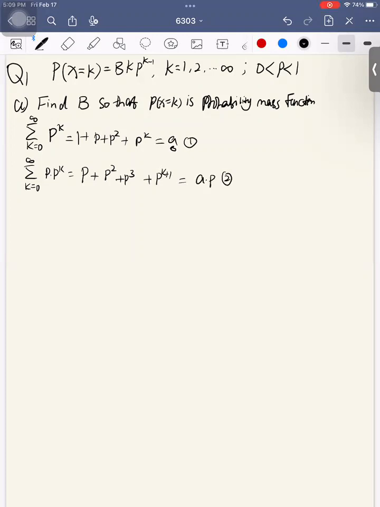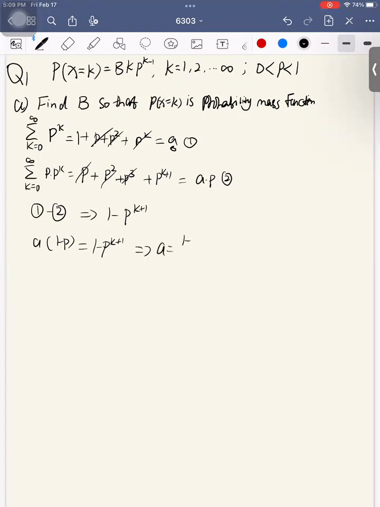Since we assume the first one is a, here we can get rid of those terms. So when we use 1 minus 2, we get 1 minus p. We have this equation, and when we multiply these together, let's use the equation, we can find a.